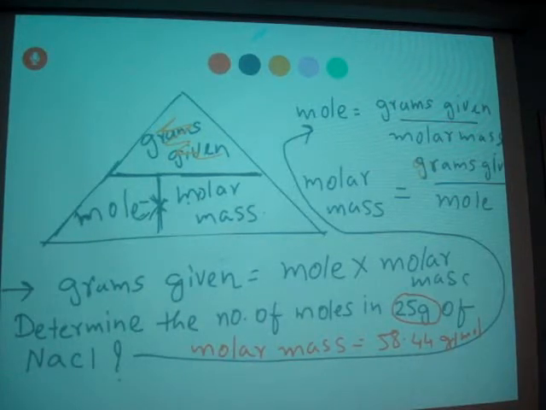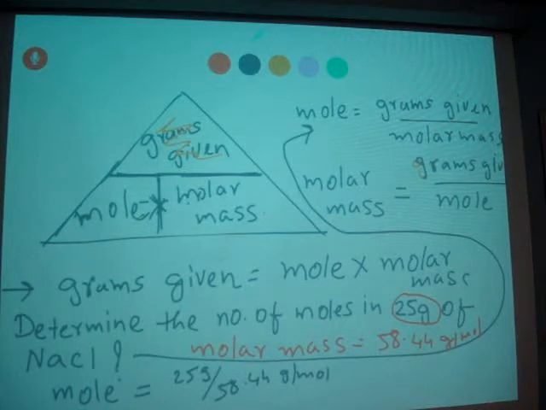So when we calculate moles of NaCl, we have 25 grams divided by 58.44 grams per mole, and you can find about 0.43 moles of NaCl.